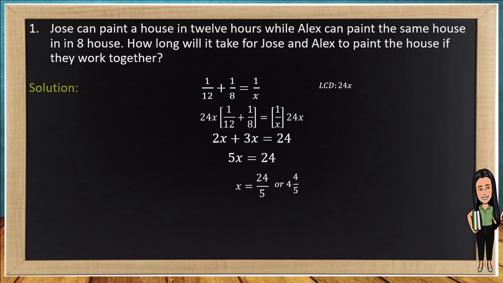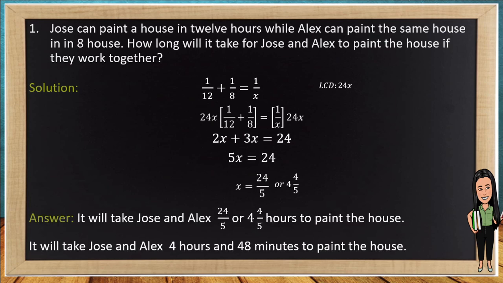Which means that it will take Jose and Alex 24 over 5 hours, or 4 and 4 over 5 hours, to paint the house. Dahil yung 4 over 5 is a fraction of an hour, pwede naman natin siyang i-convert into minutes, and equivalent siya sa 48 minutes.